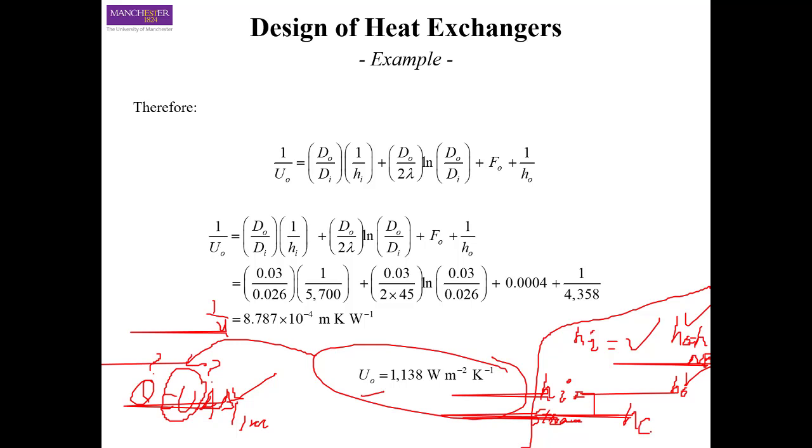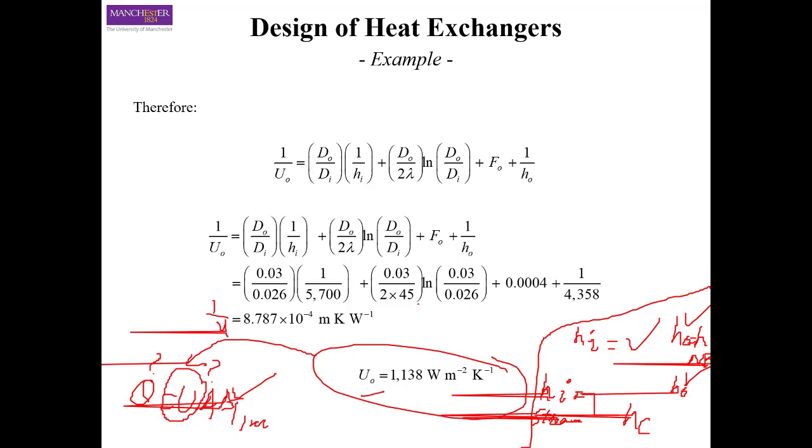For example, one of the correlations is the Nusselt equation, where we can calculate HC depending on whether the condensation is happening inside the tube or outside the tube, and whether it is a vertical condenser or a horizontal condenser. Based on that we can calculate HC, and this HC should be equal to HI.